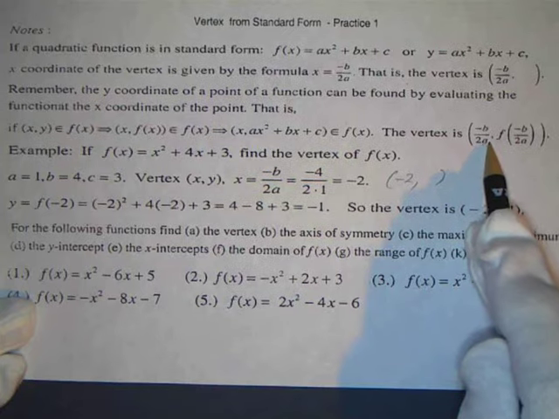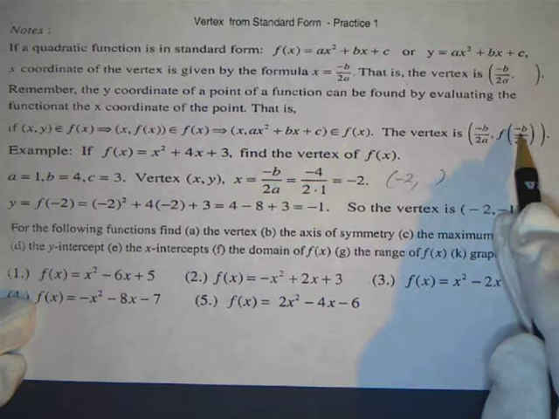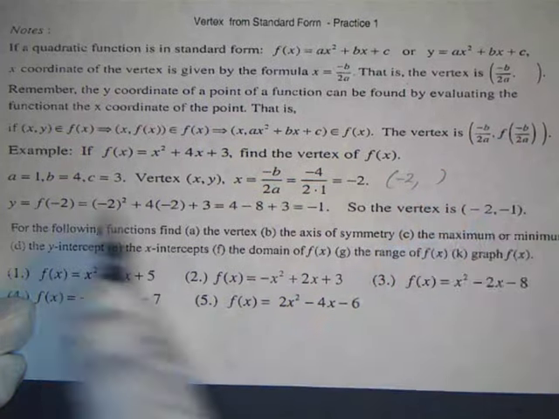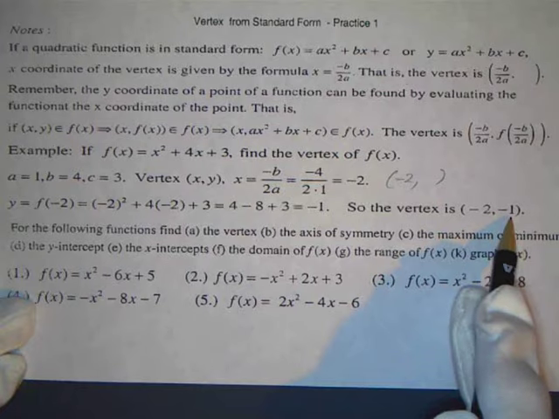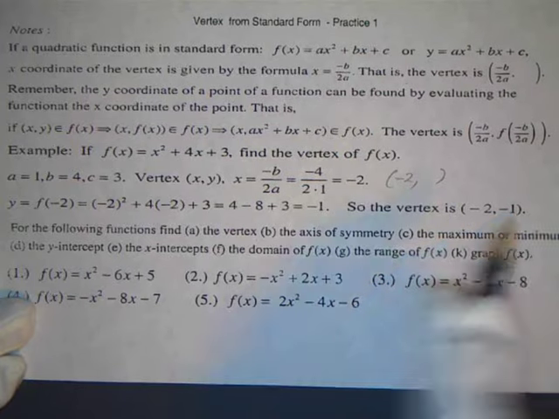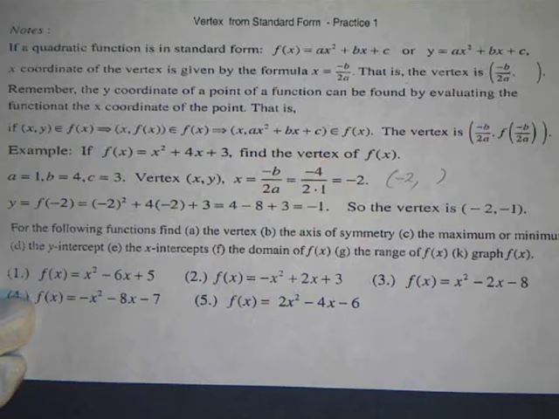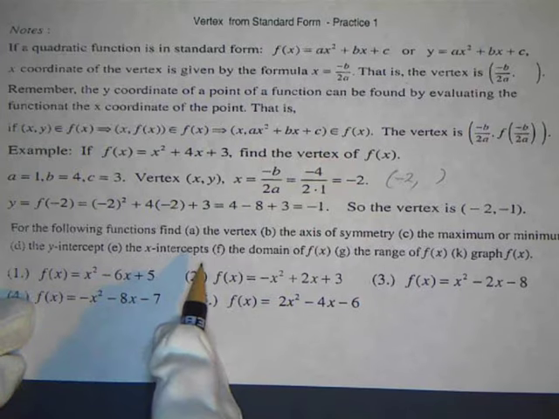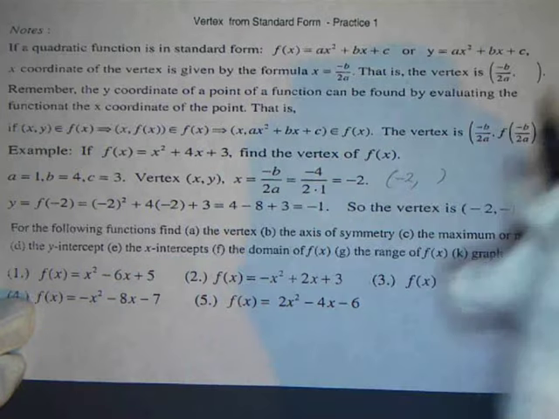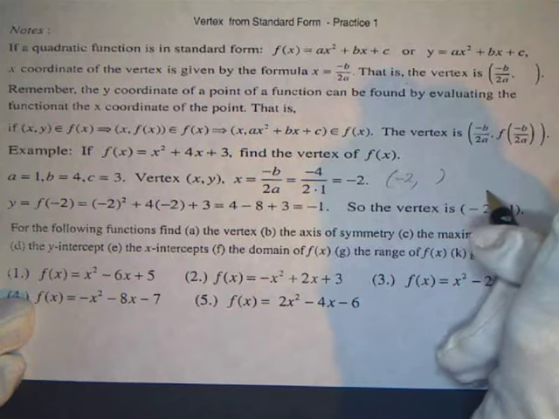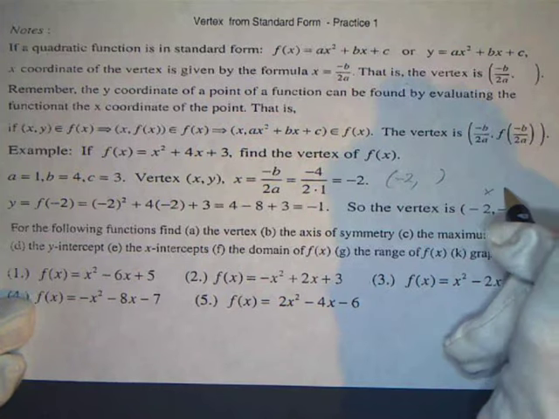And you can see that this is the idea. See, this was going to be -2, and then if I take -2 and put that into the rule, I get the output, or the y value. So there's my vertex. Now you have all these questions, and a lot of these questions you could answer because we've talked about this before when these were in vertex form. This is x, y.